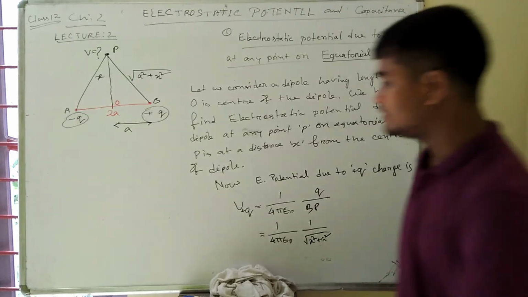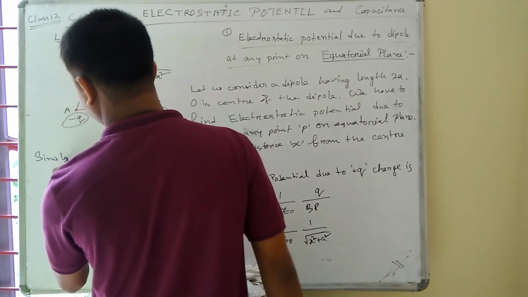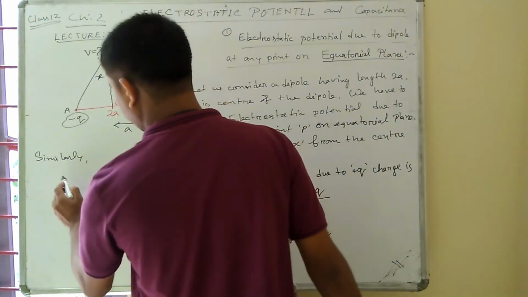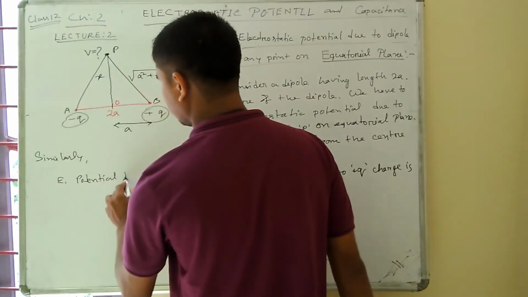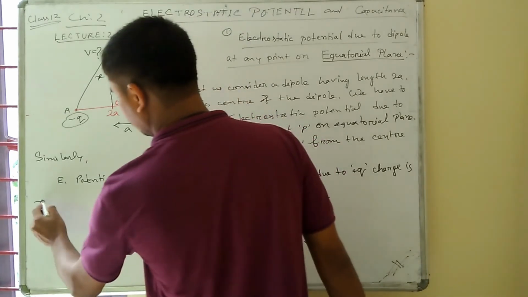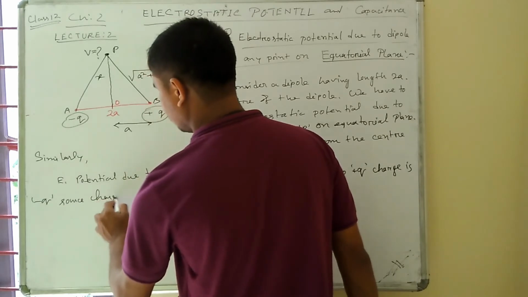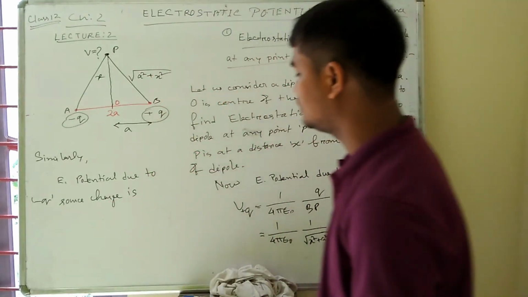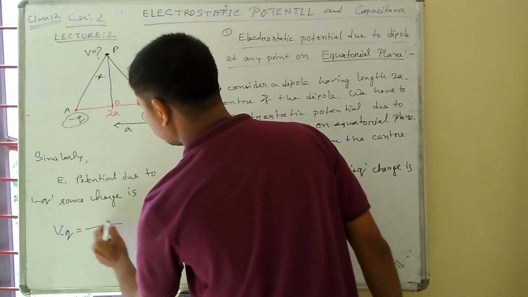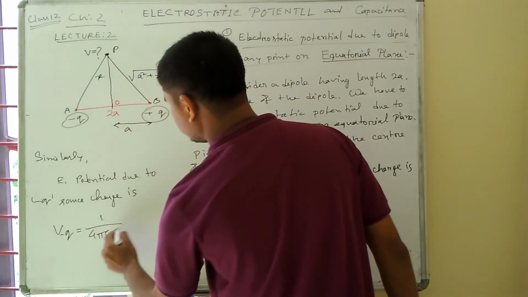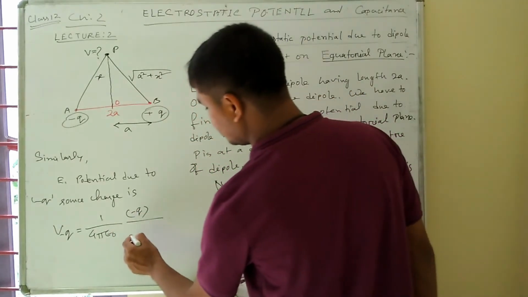Clear? Similarly, the electric potential due to the minus q source charge is V minus q equal to 1 by 4 pi epsilon naught times minus q divided by AP.